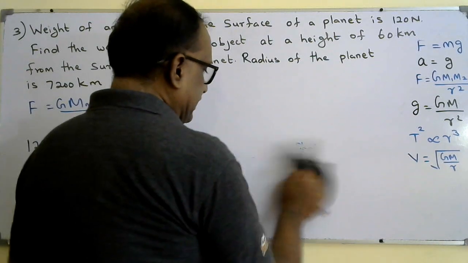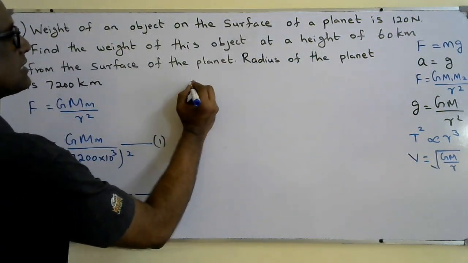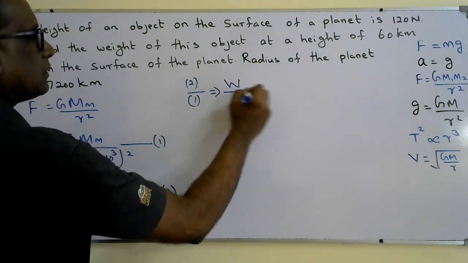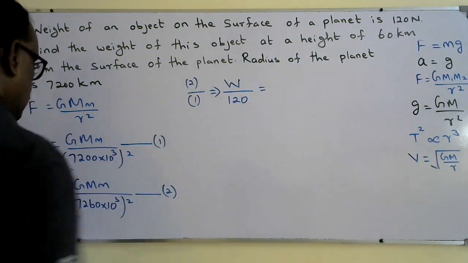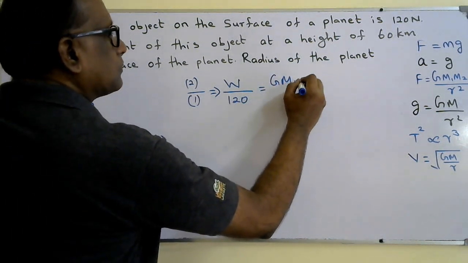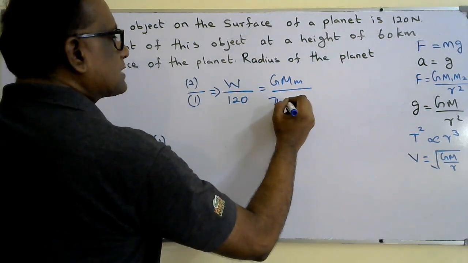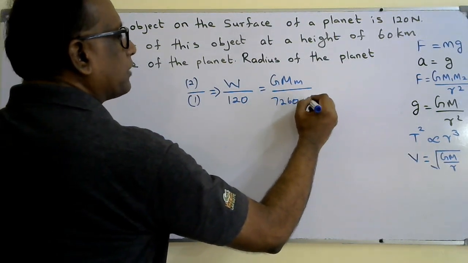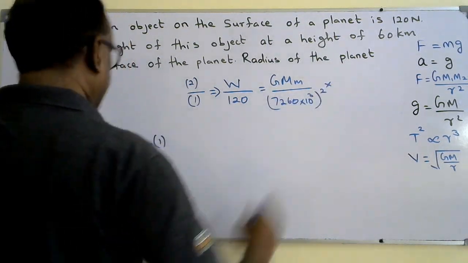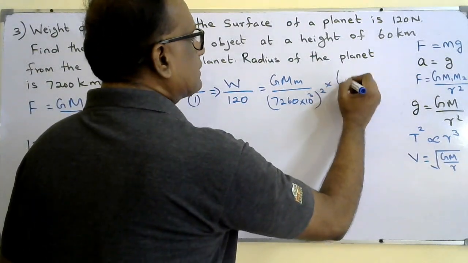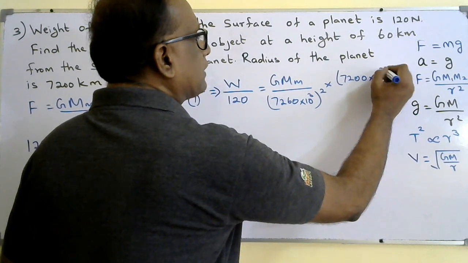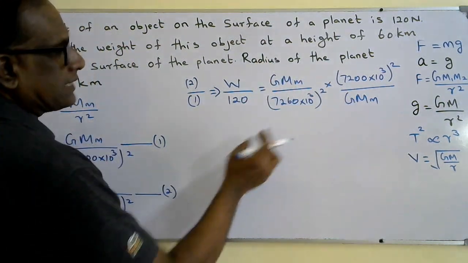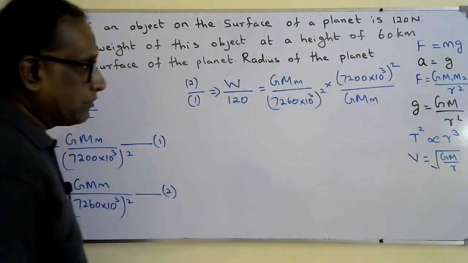Divide the second equation by the first equation. That is W over 120 equals G M m over 7,260 times 10 to the power 3, all squared, times, this will go up when I divide, 7,200 times 10 to the power 3, all squared, over G M m. Okay, G M m will get cancelled, and the 10 to the power 3 inside the square will get cancelled.